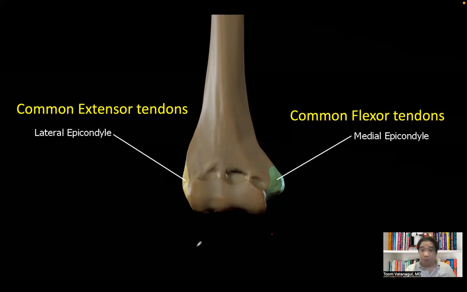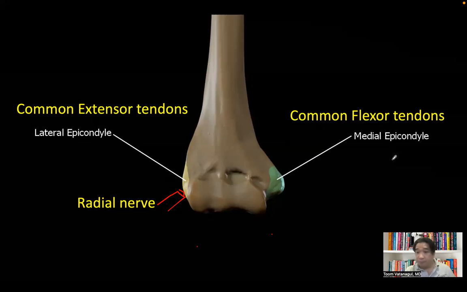Now, question. If there is lateral epicondylitis, listen well, lateral epicondylitis, is this a golfer's elbow or is this going to be a tennis elbow? Please take note, it's going to be a tennis elbow. Now, always remember the radial nerve is going to be in close proximity to the lateral epicondyle. What nerve is going to be in close proximity to the medial epicondyle?